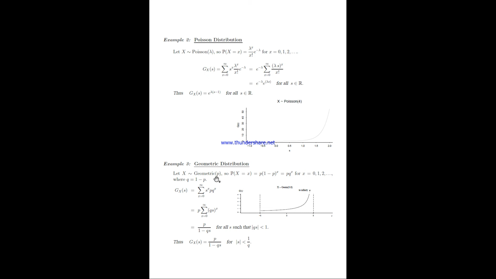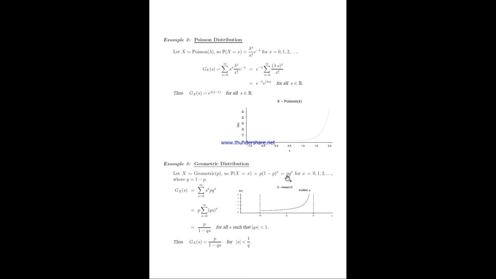Okay, and then when it comes to the geometric distribution, let's say x has a geometric distribution, right? If the probability of a success is p, when we want to calculate the probability where x is equal to simple x, that is we have x number of failures, 1 minus p is the probability of a failure, to power x, into p.